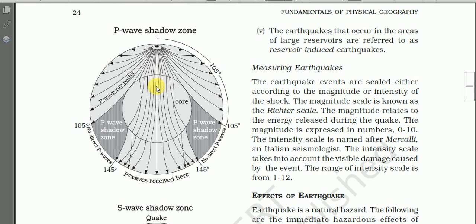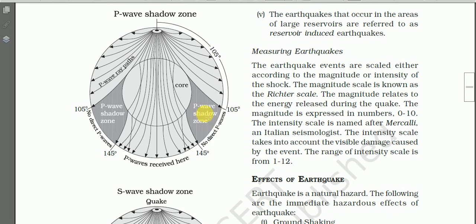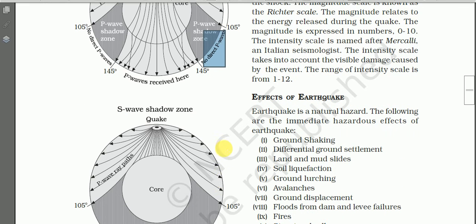the crust we have this mantle which is in a partly molten state. And in the core area also we have the outer core composed of liquid and the inner core is solid, and that is why even the P waves bend and are refracted, and that is why in this area shadow zones are developed.